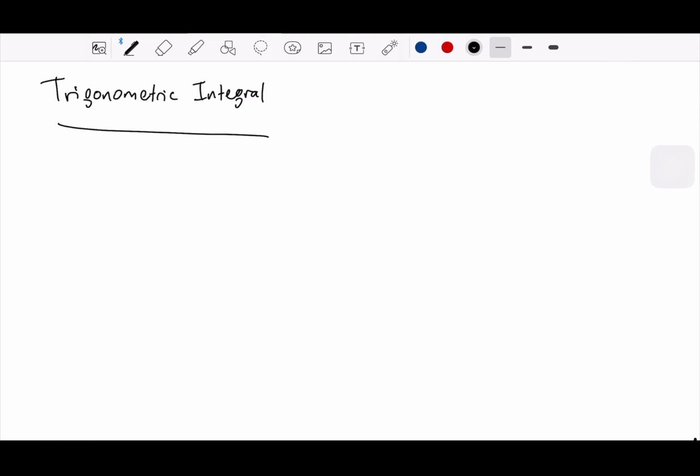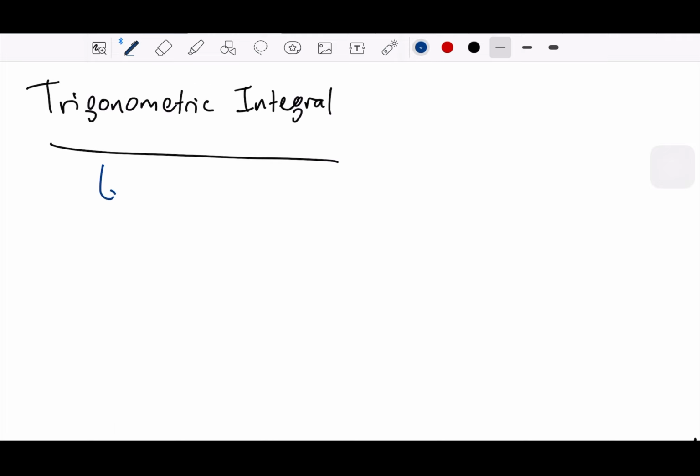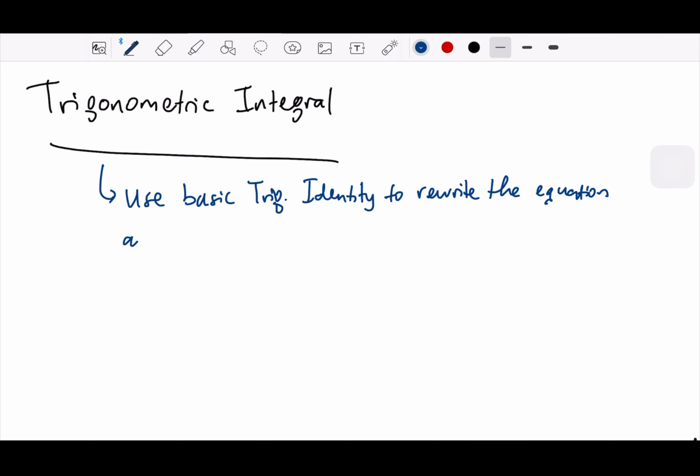So the idea is we are going to use basic trigonometric identity to rewrite the equation and solve integration by using substitutions.